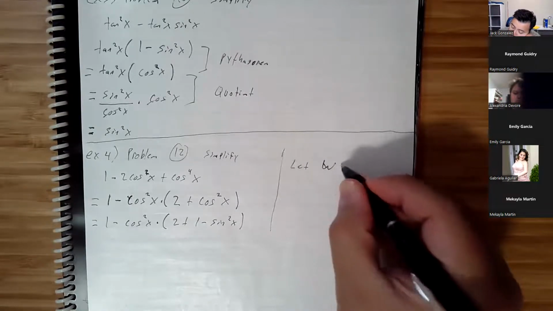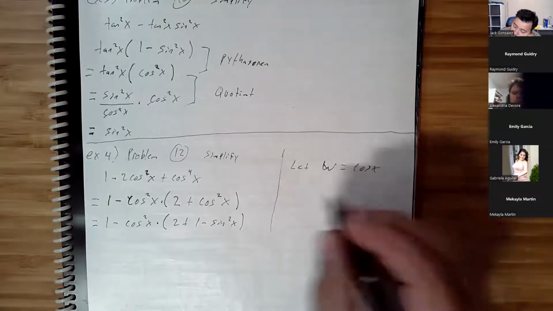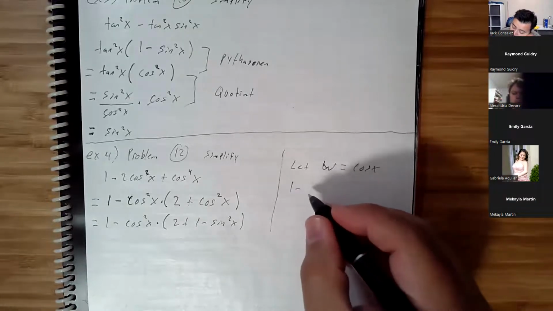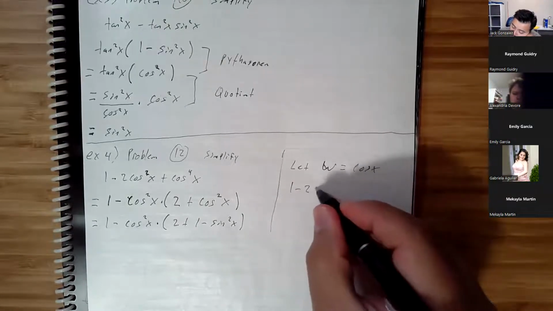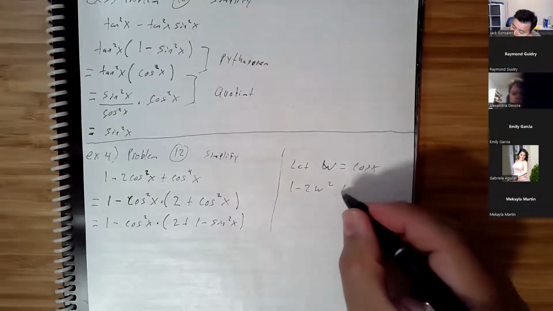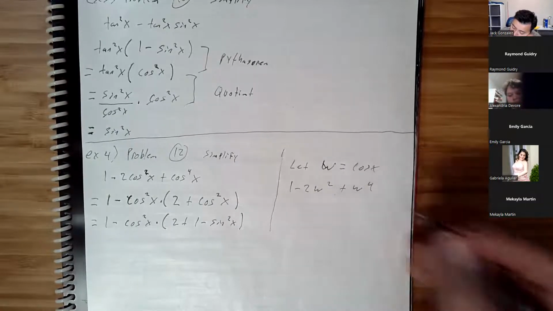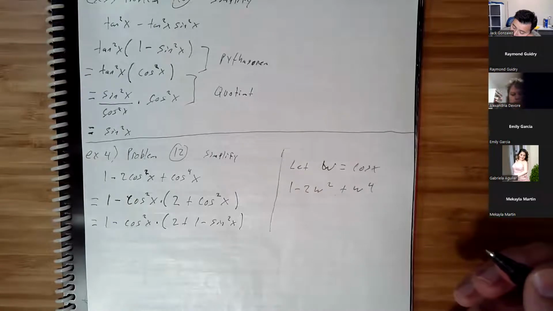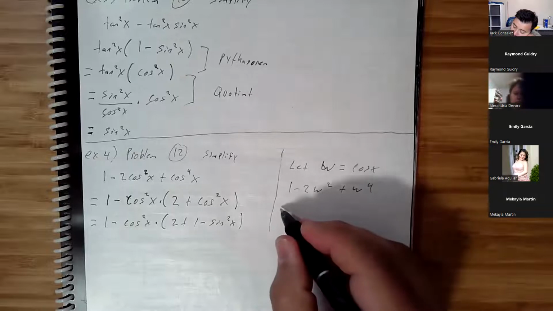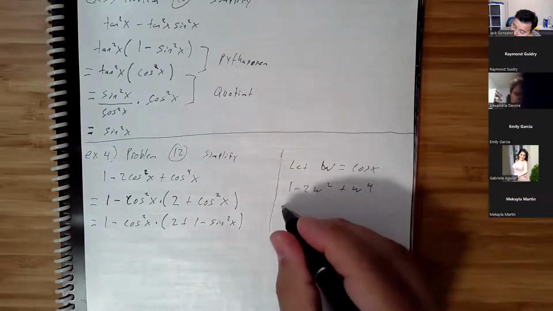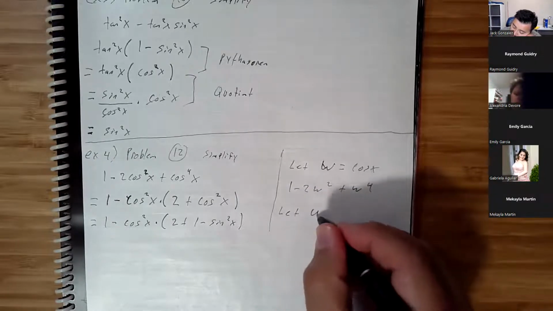Let's let W equal cosine. So you've got 1 minus 2W squared plus W to the 4th. I'm going to do a double substitution just to make it pretty.